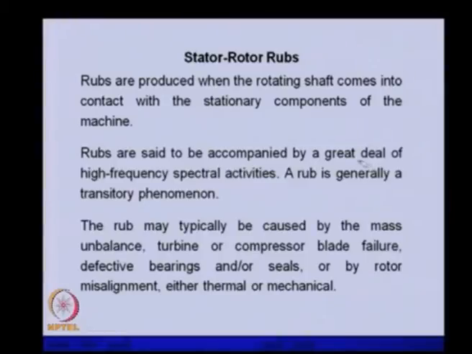A rub is generally transient behavior. The rub may typically be caused by mass unbalance, heavy mass unbalance, turbine or compression blade failure, defective bearing or seal, or rotor misalignment, either thermal or mechanical.